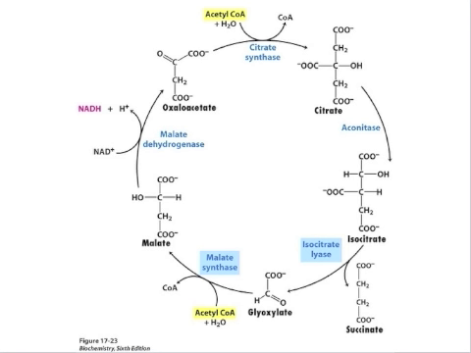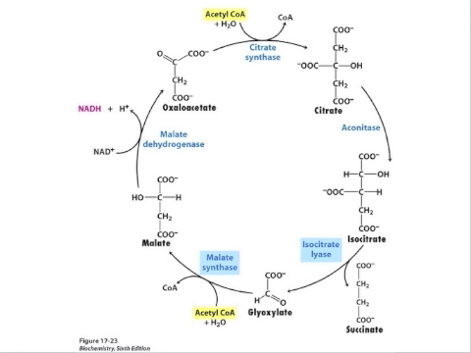We're going to start with acetyl-CoA and oxaloacetate using the enzyme citrate synthase to form citrate. We're then going to do the molecular rearrangement using aconitase that we saw in the TCA cycle. But this is where the steps differ. Once we get to isocitrate, we're going to use an enzyme called isocitrate lyase that breaks apart isocitrate to form succinate and glyoxylate.